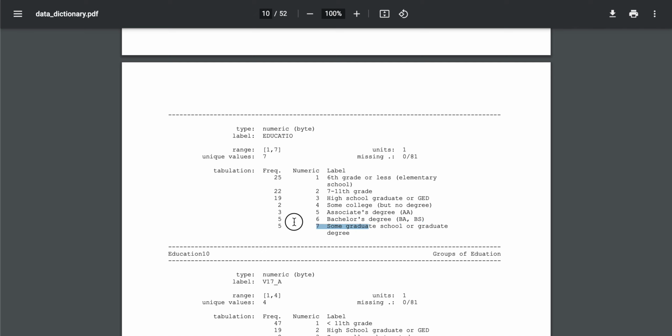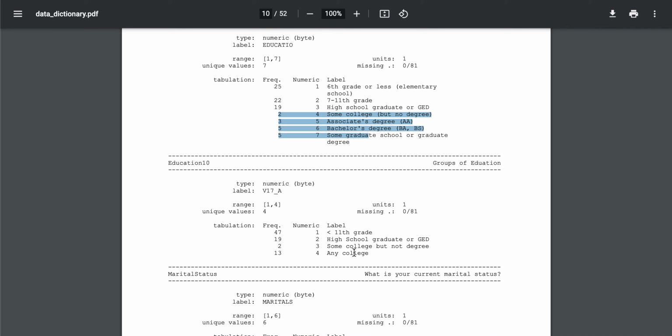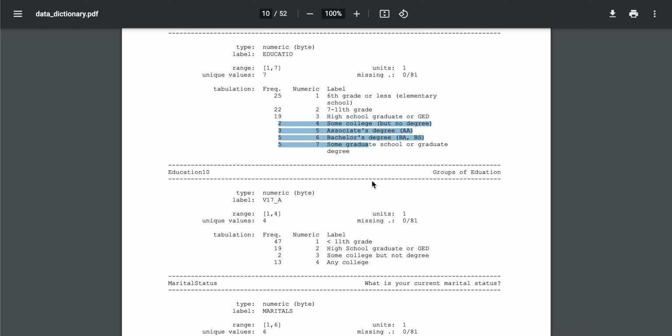So the numbers here are so small that maybe it is more reasonable to collapse them into another categorical variable where you have a more balanced number of observations within each category. So 7th to 11th grade, these two are collapsed, so we have 47 here, and we have 19, then we have 2, and then we have 13. So I would actually collapse these two together too, because 2 in this category is not very helpful.